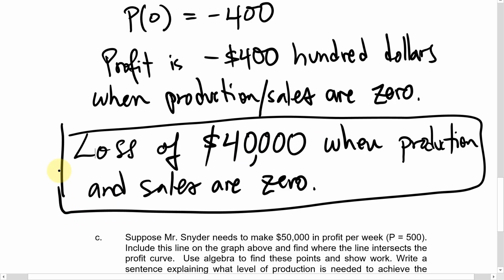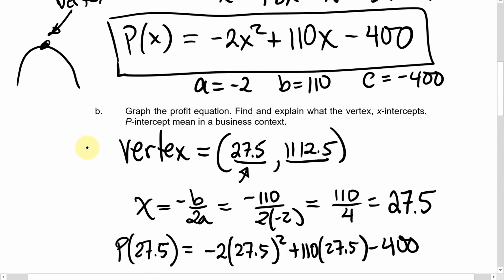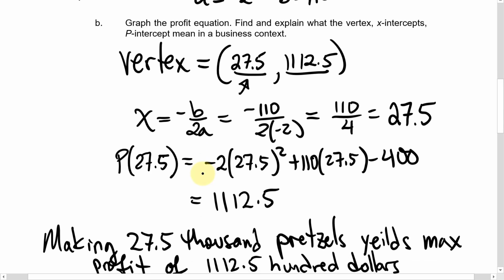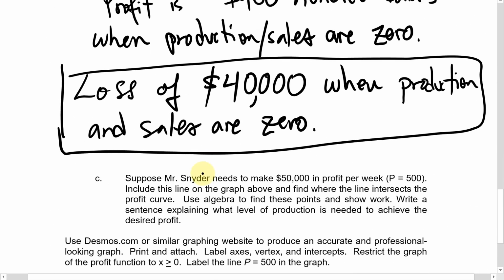So if production and sales are at 0, the losses are 40,000 per unit of time, whatever that unit of time was. The time isn't really figuring into our calculation. It did say that it was per week. This was the profit per week, the cost per week, the revenues per week. So it's 40,000 loss per week if there are no production and sales.